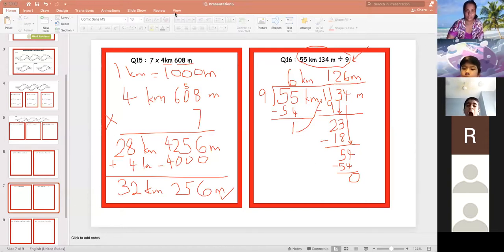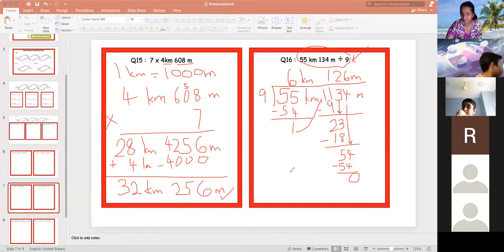But wasn't the question earlier 54 kilometers and 135? Yes, and I've changed it because I want to have a remainder here. Okay, so now I've changed it to 55. So of course you can only go up to 6 kilometers and you'll have 54 and you'll have 1 kilometer balance. And that 1 kilometer changes to become 1000 meters.